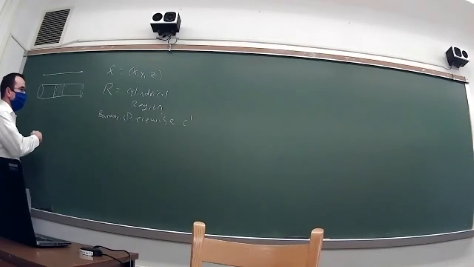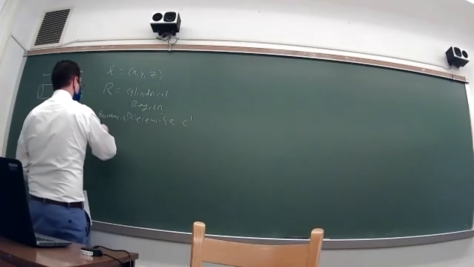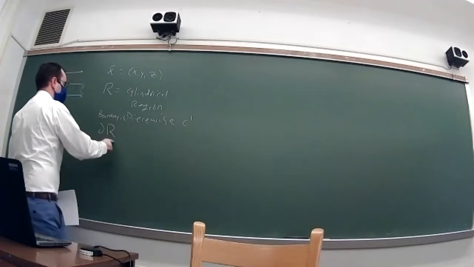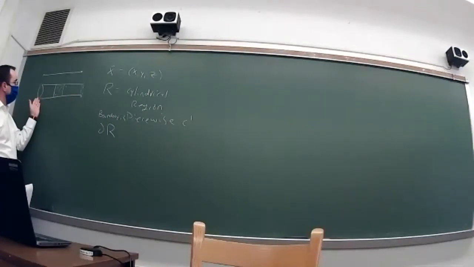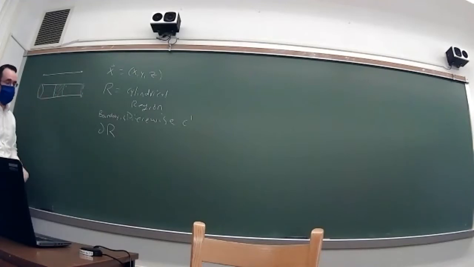Well, the boundary, this is my notation for boundary. So the boundary consists of these three pieces, right? It consists of the outer cylinder and then these two disk ends. So it's really like one, two, three pieces kind of glued together along this singular seam.